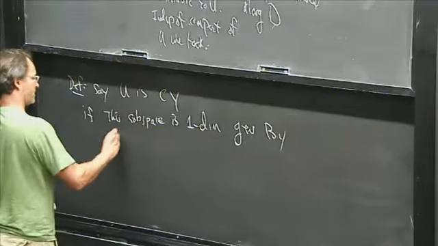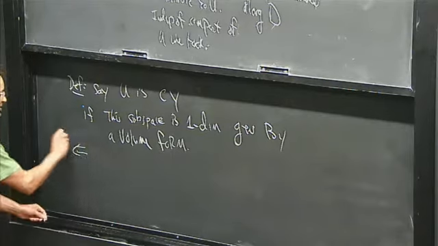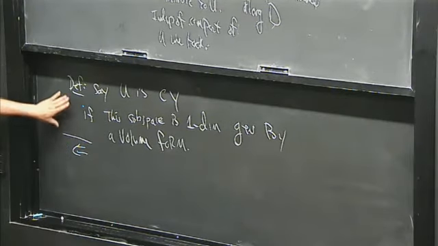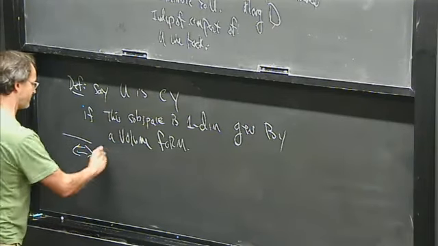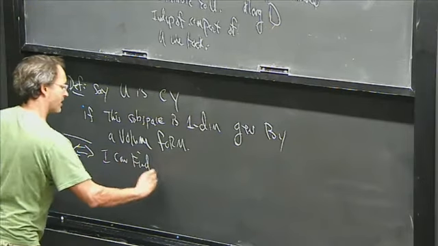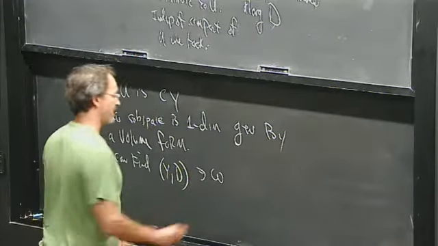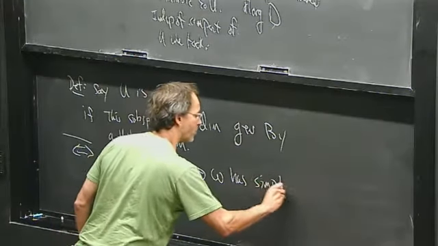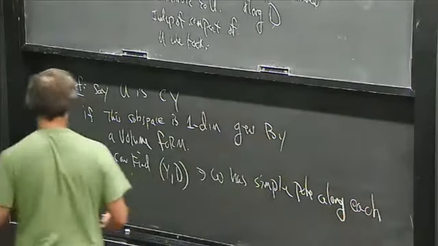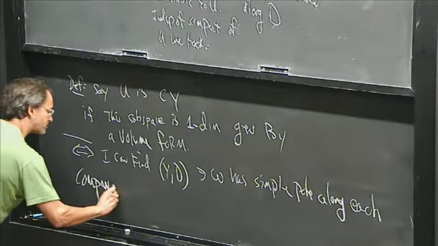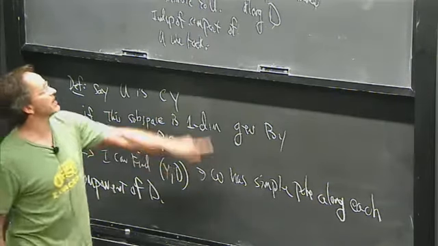That's equivalent, using some fancier words from the minimal model program, to saying that I can choose such a compactification, I can find (Y, D) such that omega has a simple pole along each component of D. And in this case, so what do I say by omega? So it's one-dimensional.